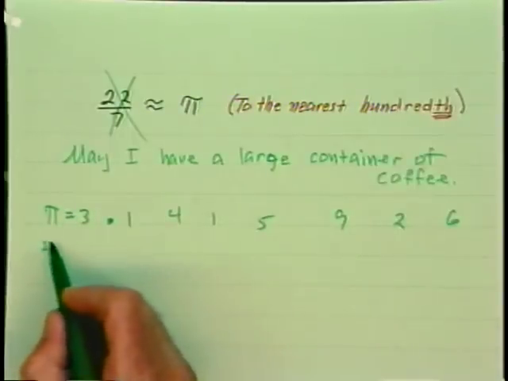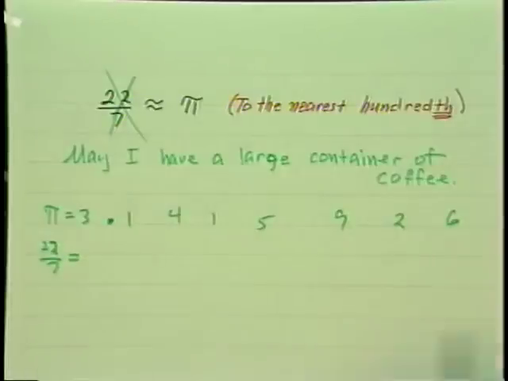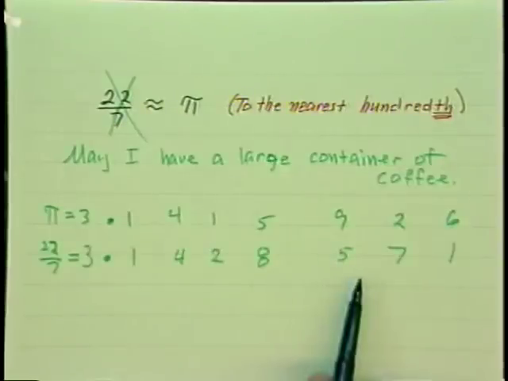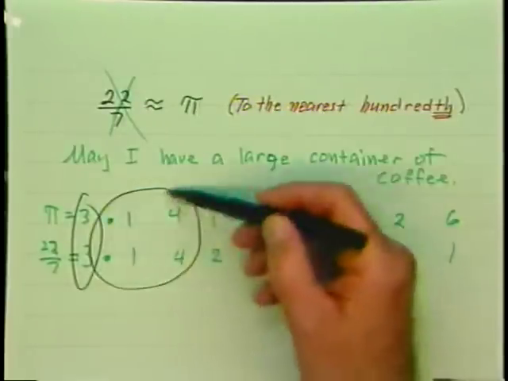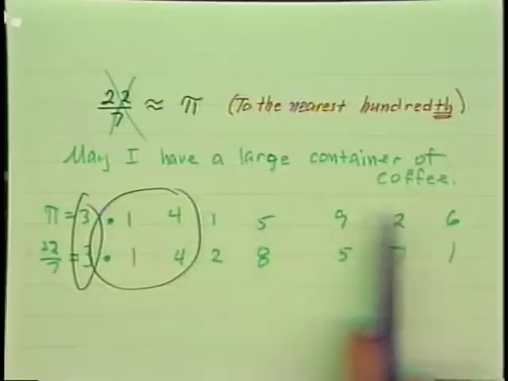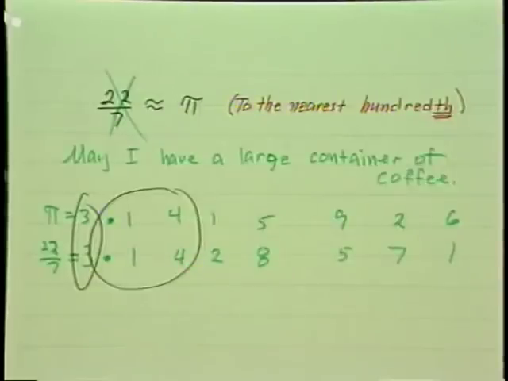Whereas 22 sevenths, if we were to work that with more accuracy, we would find that it is approximately equal to that decimal. And again, you can see that they agree out to the nearest hundredth. Beyond that, pi and 22 sevenths are entirely different numbers.